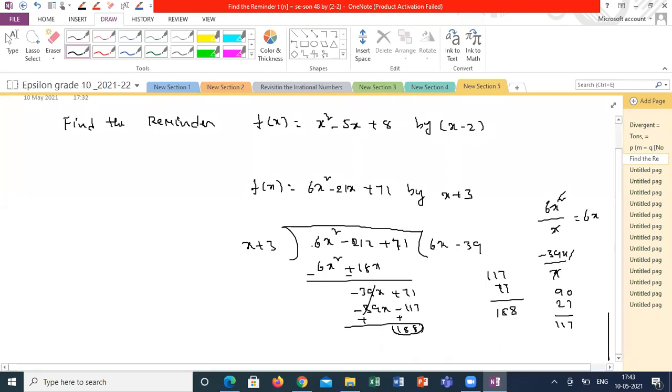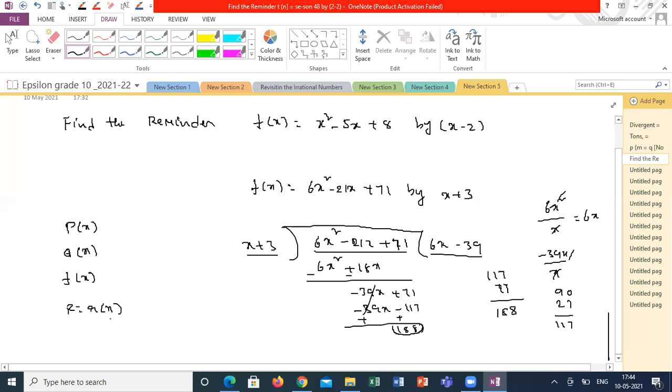See, first of all, I am dividing. This is a polynomial of degree 2. If I consider this as one polynomial p of x, I'm dividing with another polynomial q of x. I'm getting another polynomial, say f of x, and the remainder is some r of x.